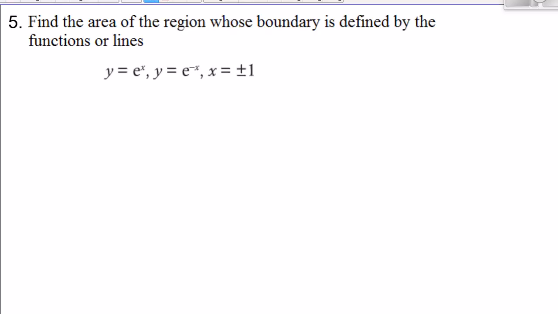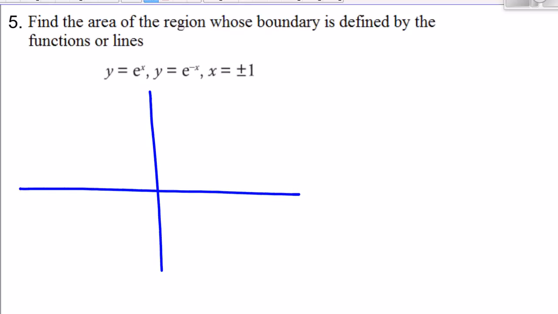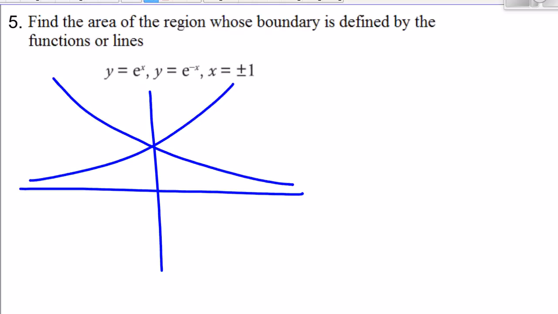Number 5, find the area of the region whose boundary is defined by these lines. Start by sketching these exponential functions. So we have our exponential functions meeting at the y-axis.